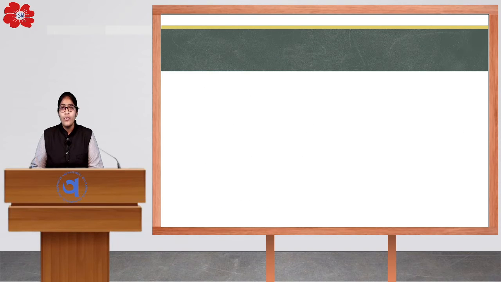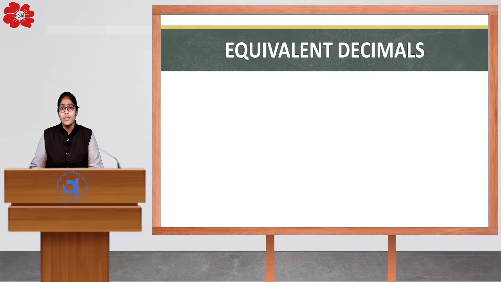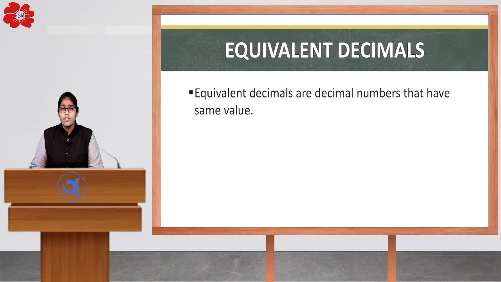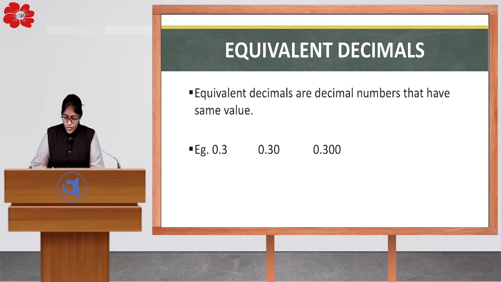Now, do you know one interesting fact about decimals? That when you add zeros at the extreme right of the decimal number, it has no value. Now you might be wondering what I am trying to say. So let us understand using an example. For example, I am writing 0.3, 0.30, 0.300.